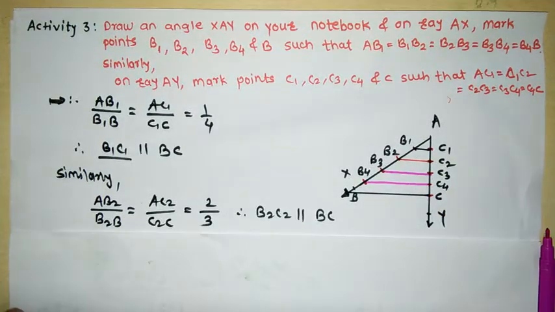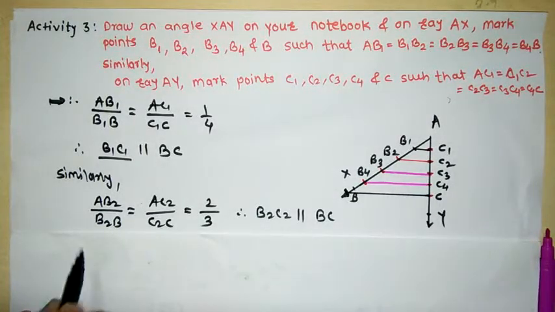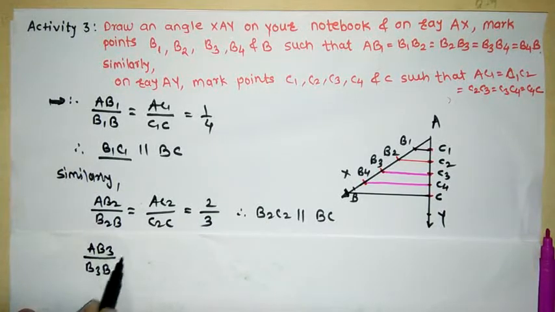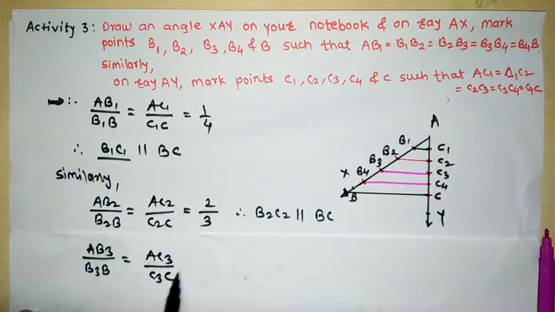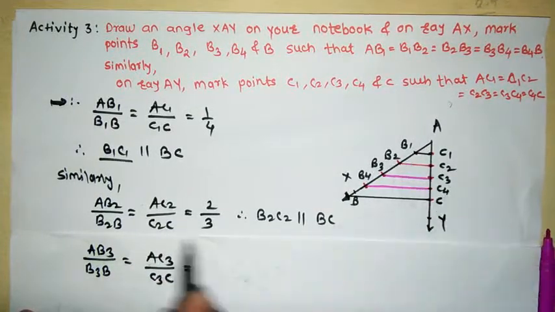And similarly, we can also find for line B3 C3 and BC. See here, AB3 divided by B3B is equal to AC3 divided by C3C, which is equal to, see here, AB3 is nothing but how many parts? 1, 2, 3. 3 parts are there.